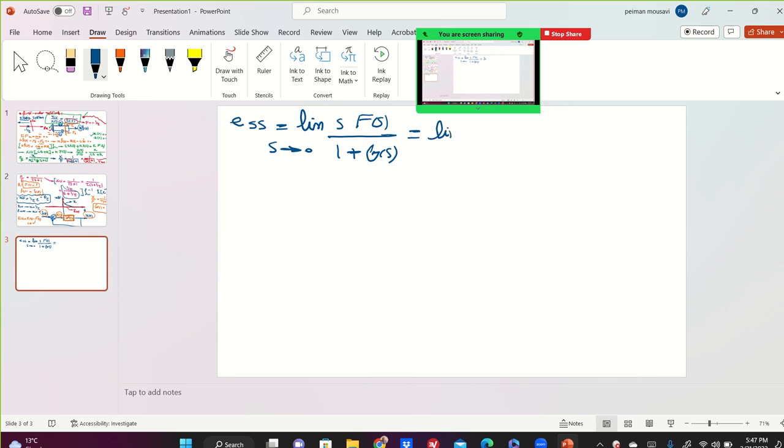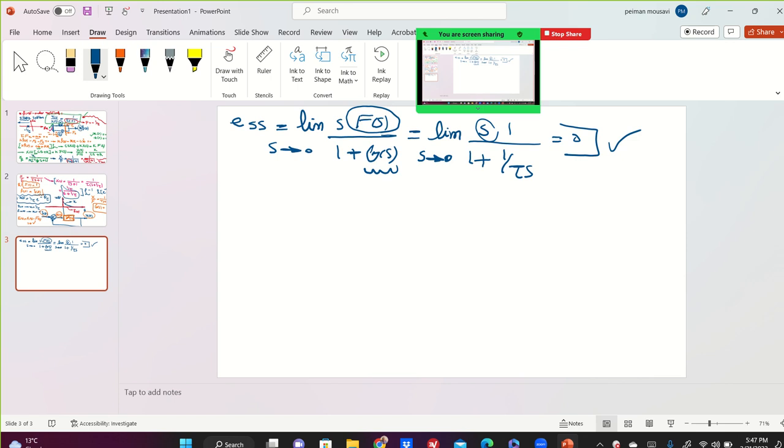You know that the input is an impulse, so F(s) is 1, and the open loop transfer function G is 1 over tau s. When s goes to 0, put s equal to 0 here, obviously.